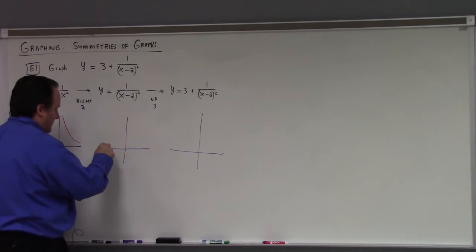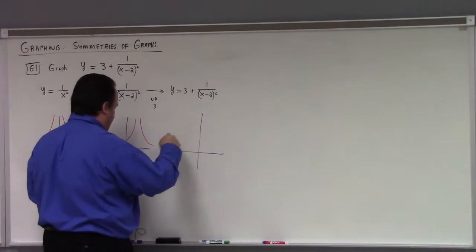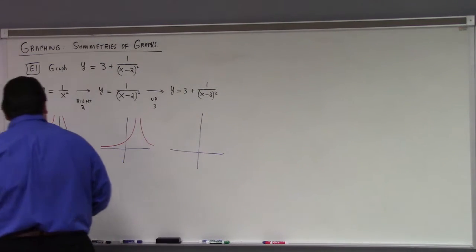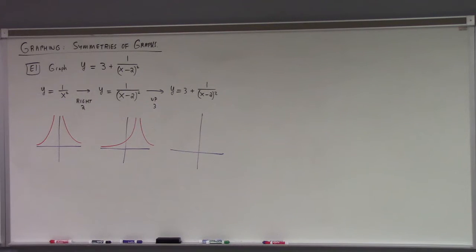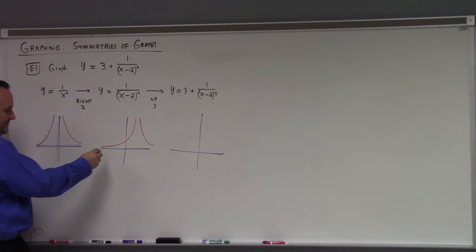Then I shift right 2 units. And then I shift up. But to do a good job for the volcano graph, it's always a good practice to put in the vertical and the horizontal asymptotes, right? So the vertical asymptote is the y-axis, the horizontal asymptote is the x-axis.